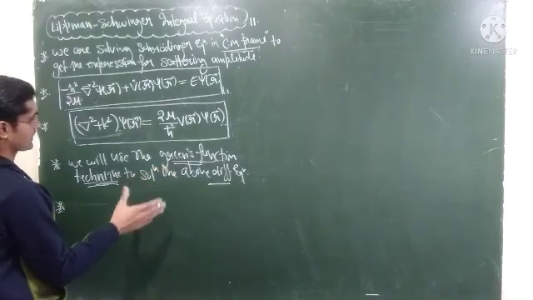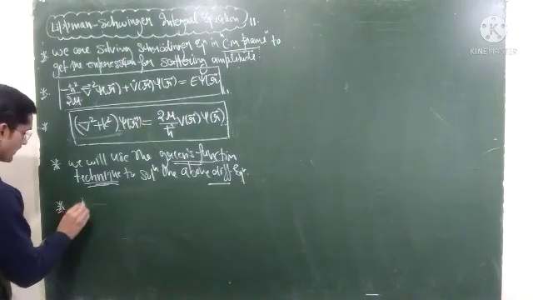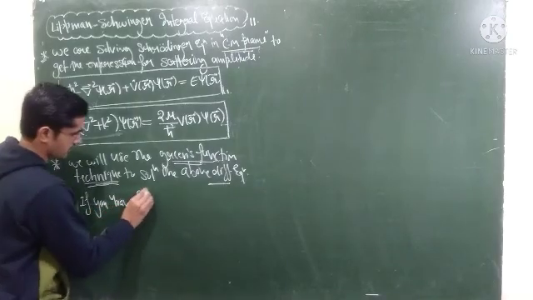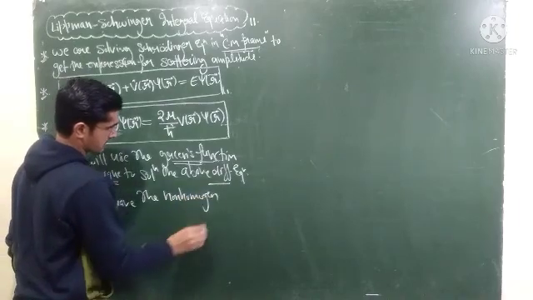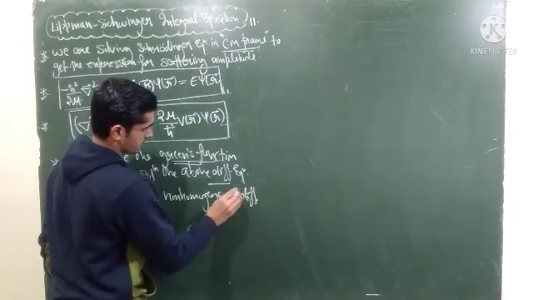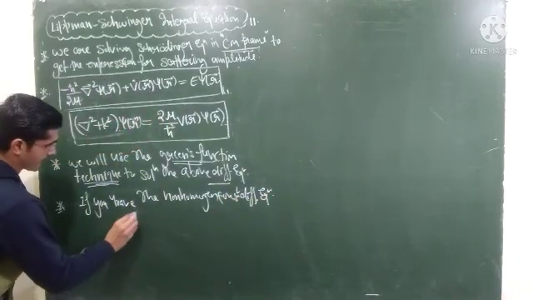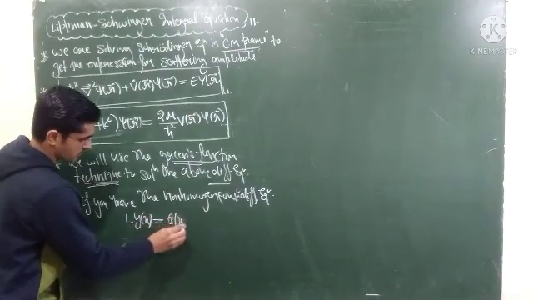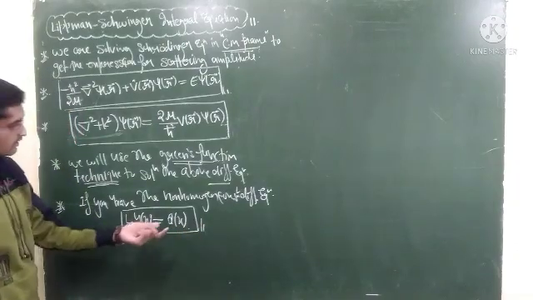What the Green's function technique says is that if you have a non-homogeneous linear differential equation of the form L acting on some function y of x giving you some q of x, this is a non-homogeneous equation.